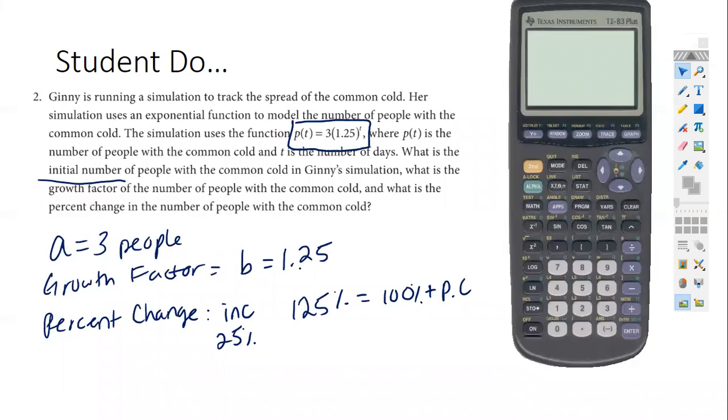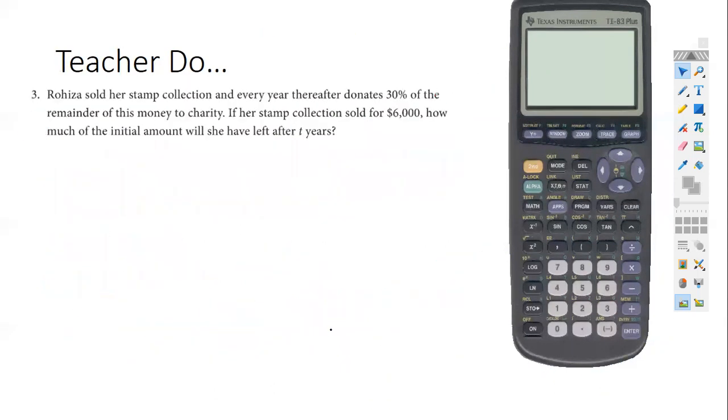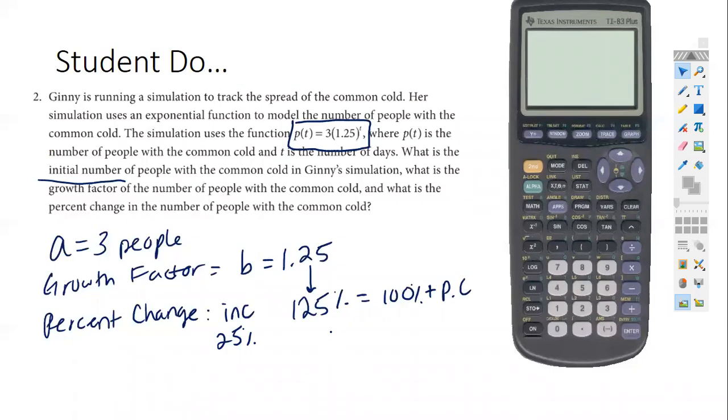So if my growth factor is 1.25 and 1.25 as a percentage is 125%, so 125% equals 100% plus what makes this growth factor? Are we good? All right. So the answer would be 25%. Initial people, 3. Growth factor, 1.25. Percent change, 25% increase. All on the same page?